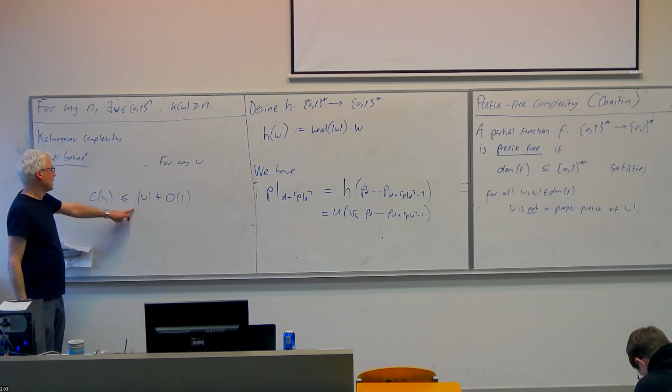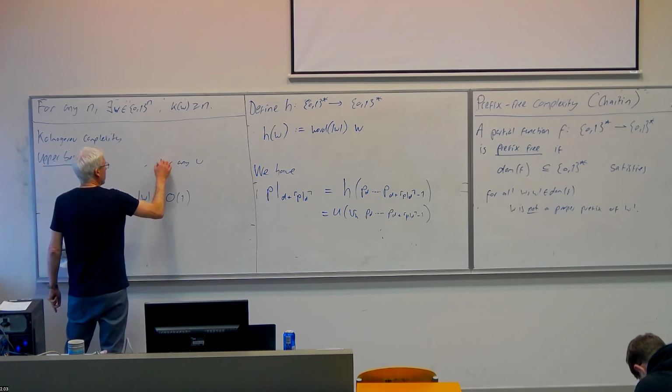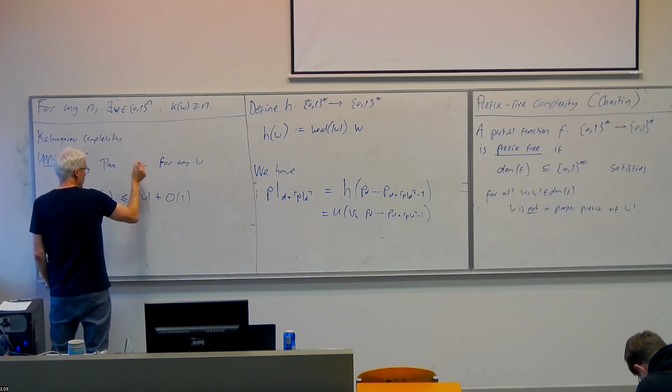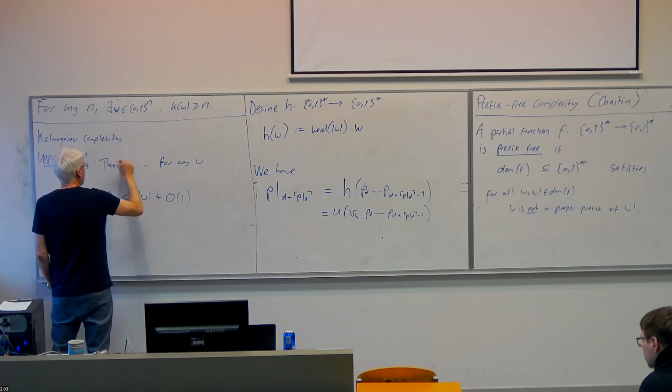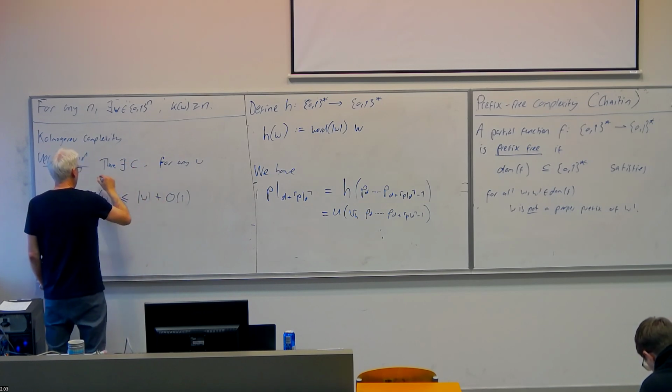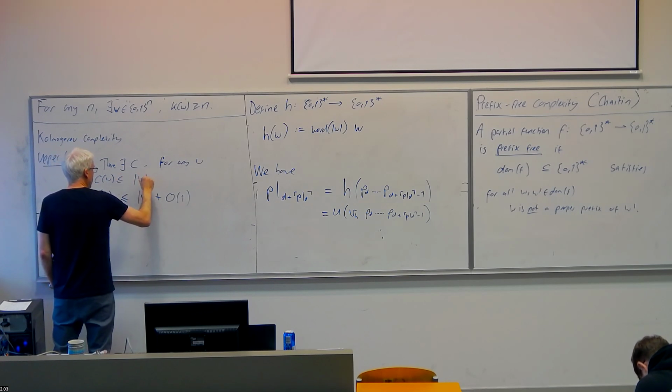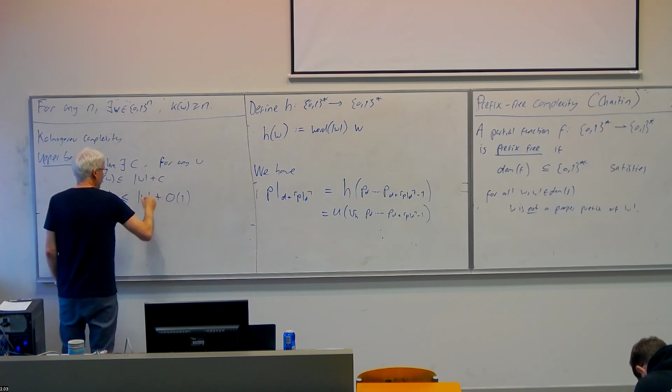Okay, I'll say why in a moment, but the official statement is that there exists a C that works for all words: there exists C such that for any W, C(W) is less than or equal to the length of W plus a constant.